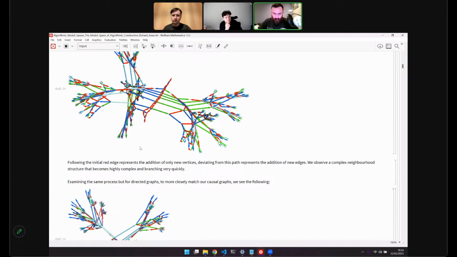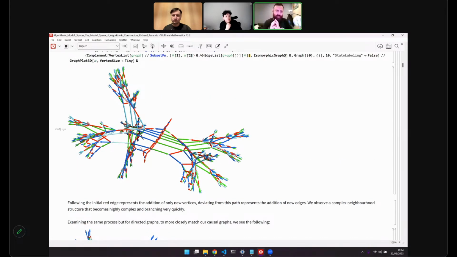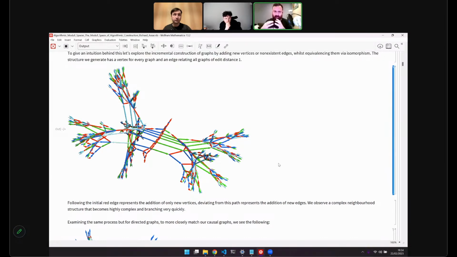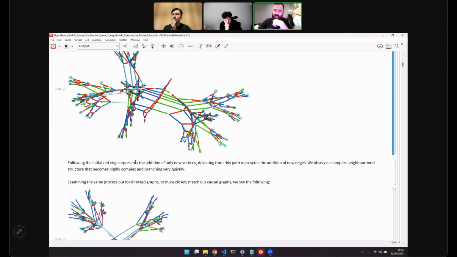You could study this object in many different ways, but it's more an explanatory tool, to say we have this space of graphs. They're all one operation apart from each other, and they exist in this structure.